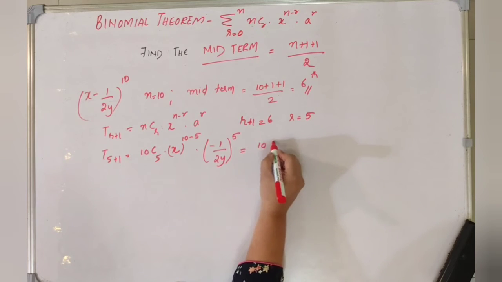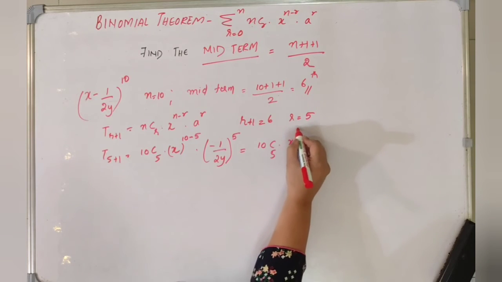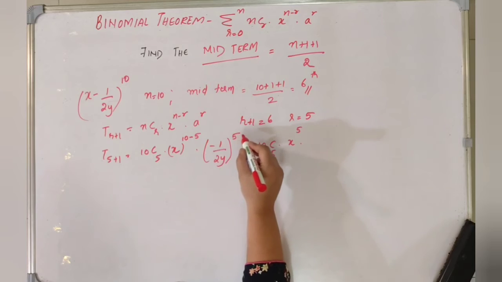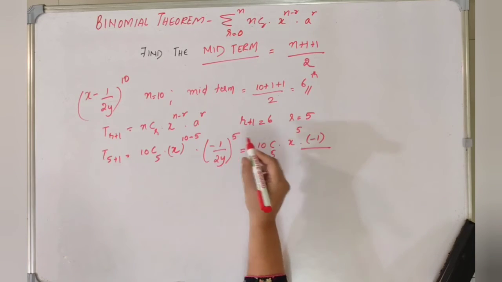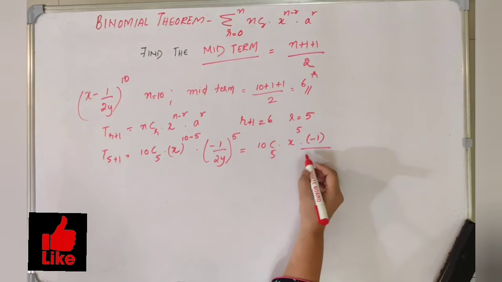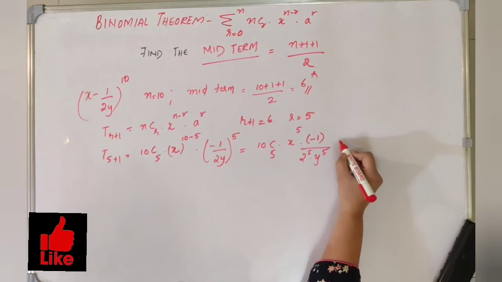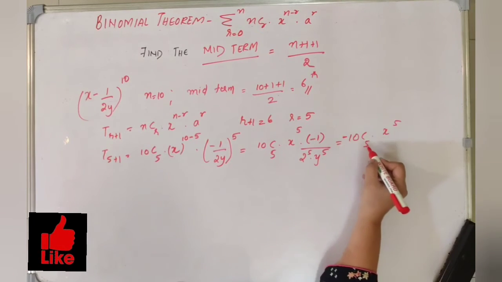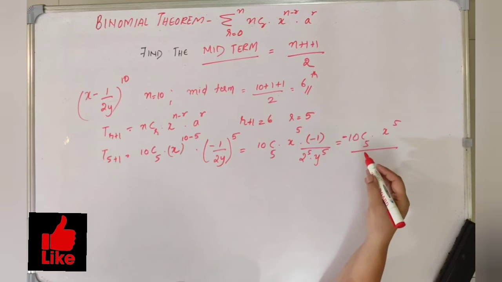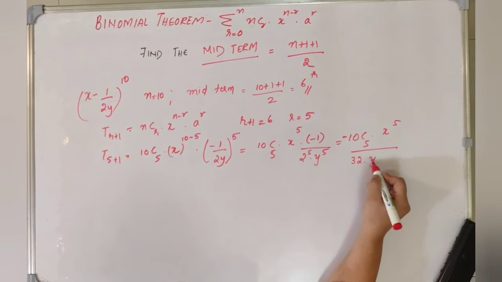So when we calculate, we get x to the power 5 into (-1) to the power 5. Because it's an odd number, we're going to get a negative sign. So that's going to be 10C5 x to the power 5, with a minus sign here, over 2 to the power 5, which is 32, into y to the power 5.